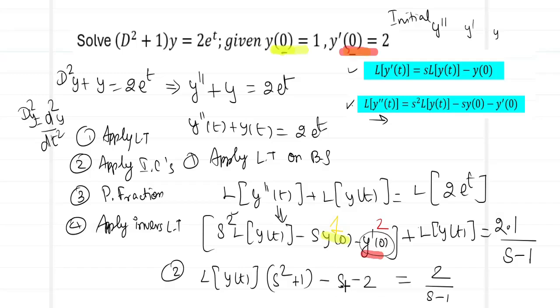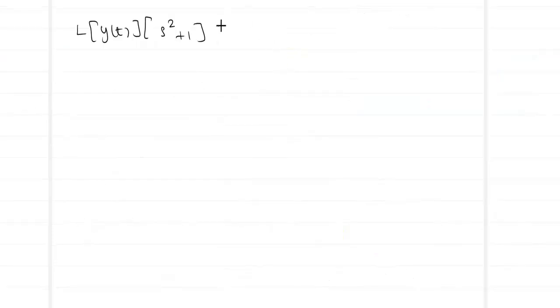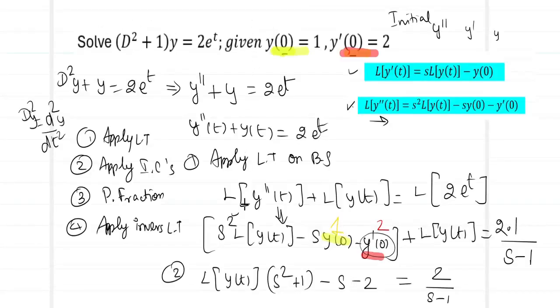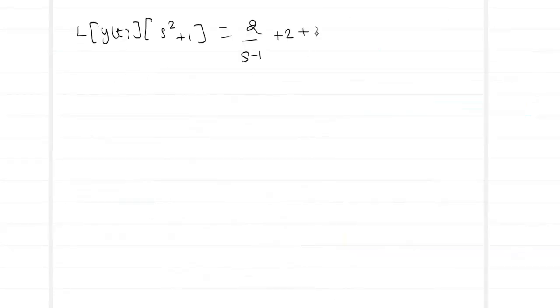The next term was minus s, minus 2 will be taken to the opposite side. So this gives me 2 by s minus 1, minus 2 will now become plus 2, and the next term was minus s, so this will become plus s.